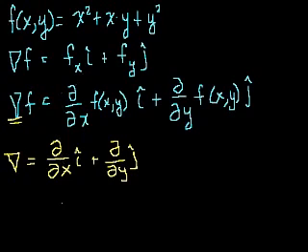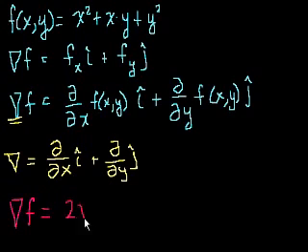So what does this mean? Well, before I go into what it means, let's actually calculate it for this function, and then I will show you what it means. So let's calculate the gradient of f. The gradient of our particular function is the partial with respect to x. We figured that out. That's 2x plus y, and then that doesn't matter anymore.